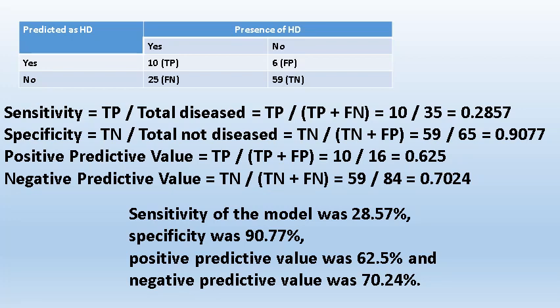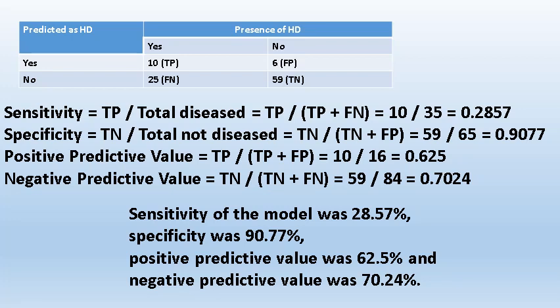True positive means they are predicted as heart disease by the model and actually they have heart disease also. False positive means they are predicted as having heart disease but actually they don't have heart disease. False negative means they are predicted as no heart disease but actually they have heart disease. And true negative means they are predicted as not having heart disease and they actually don't have heart disease.